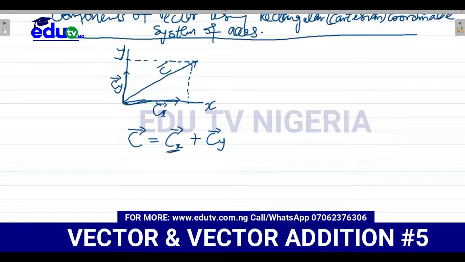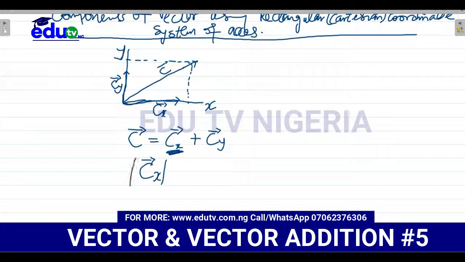Once we have a vector along the x-axis, this one is a vector along the x-axis. And for us to make use of that, we need to get the magnitude of that vector along the x-axis.